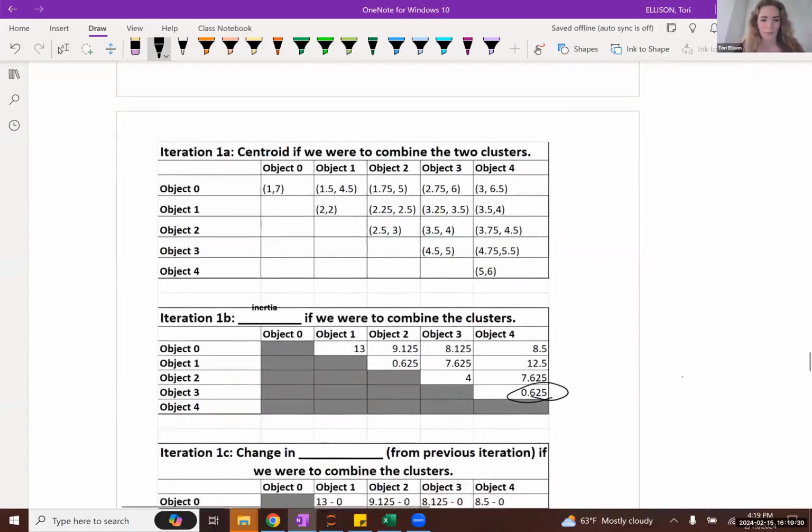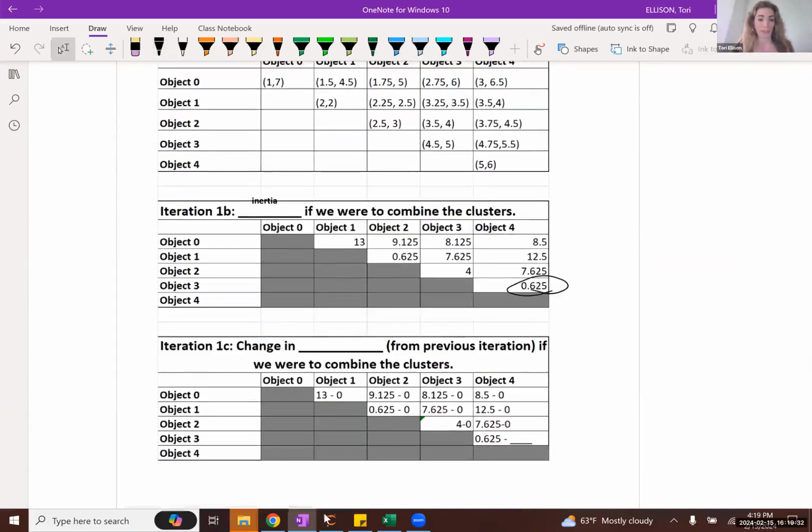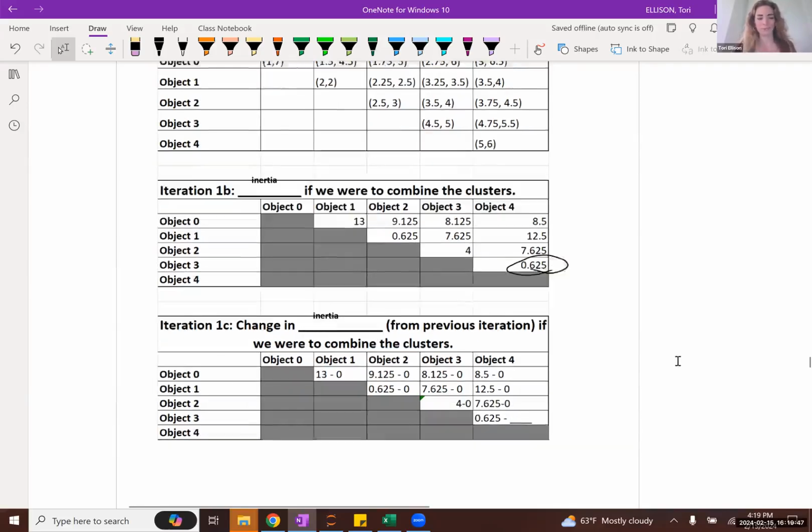And so the final step to calculate the actual proximity matrix would be not to use the inertia of the would-be clustering that we would get if we merged those two clusters, but to calculate the change in inertia.